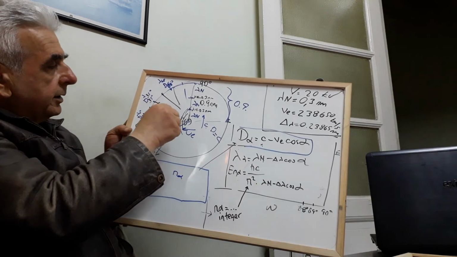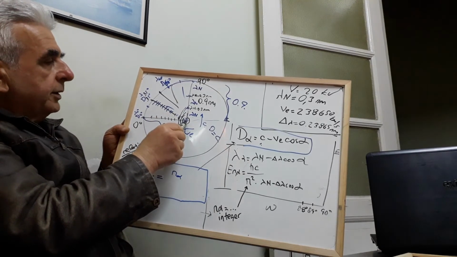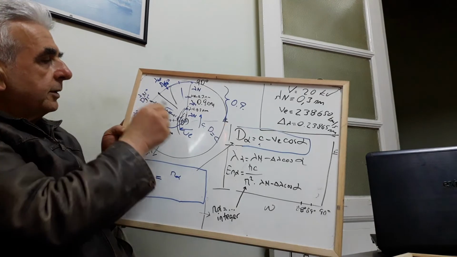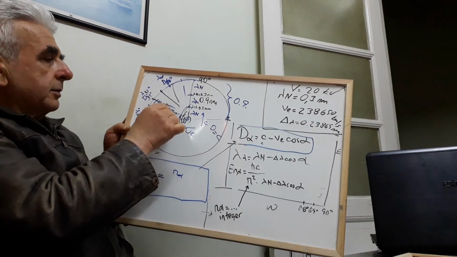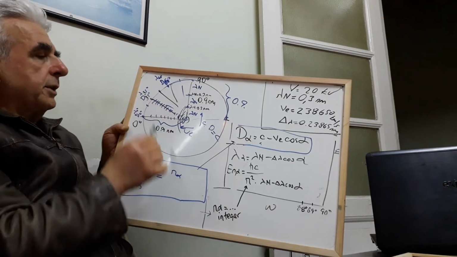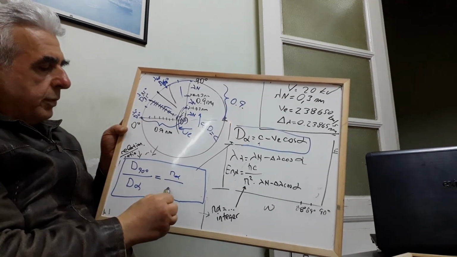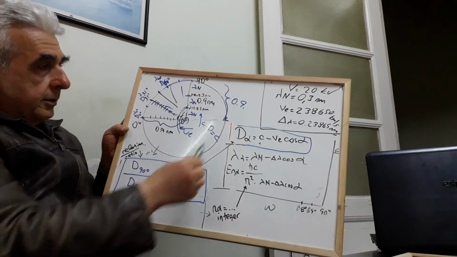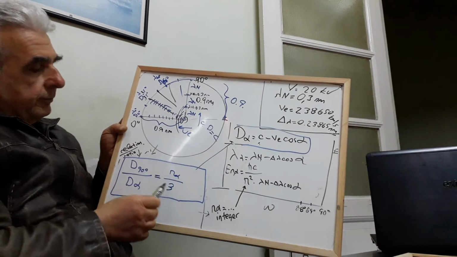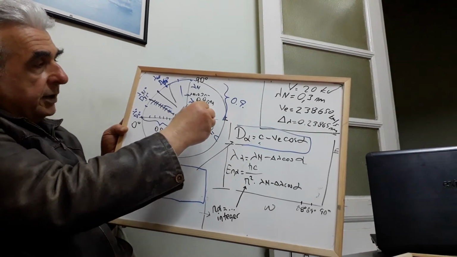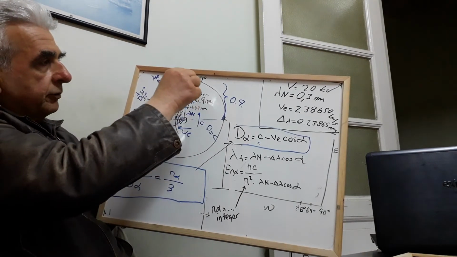It means the waves from that point to that point need n successive waves to arrive, divided by 3. Why? Because for instance here, 0.9 nanometer, 1, 2, 3.